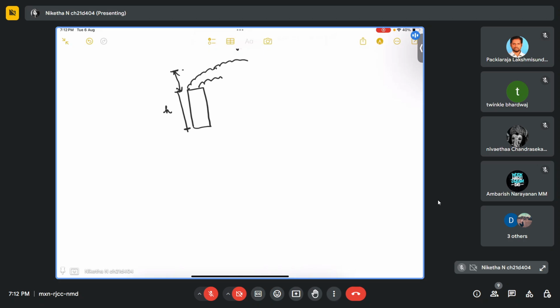And the distance from the top of the stack till the center line of the plume is called your plume height.